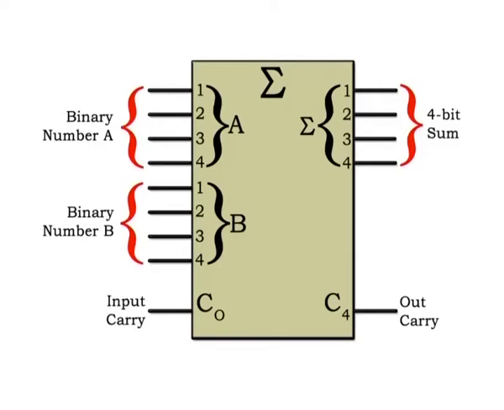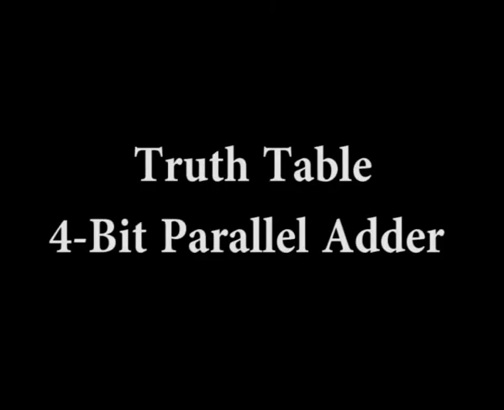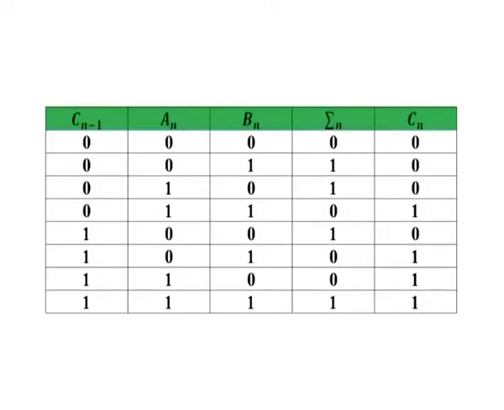In terms of method used to handle carries in a parallel adder, there are two types: the ripple carry adder and the carry look ahead adder. These are discussed later in this lecture. Truth table for a 4-bit parallel adder. Table shows the truth table for a 4-bit adder.